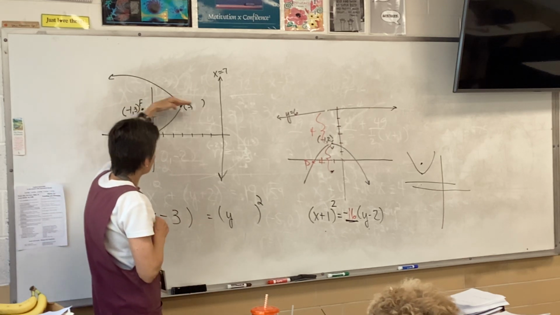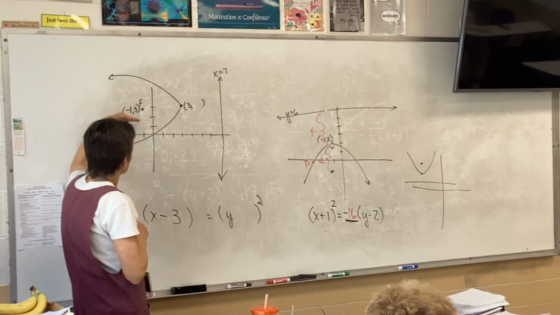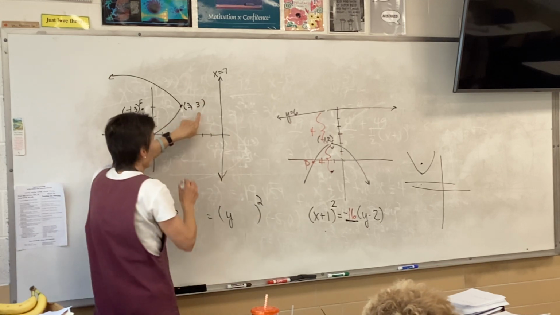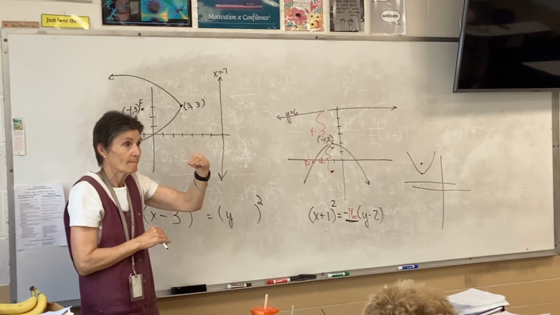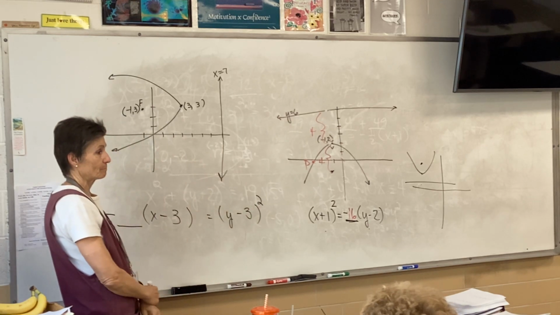Now, look at these 2 points, guys. If this was on graph paper, wouldn't the y also be a 3? Because they're right in a line with each other? Perfect.